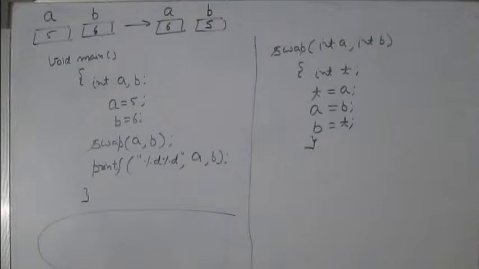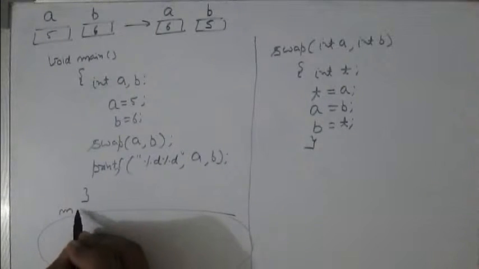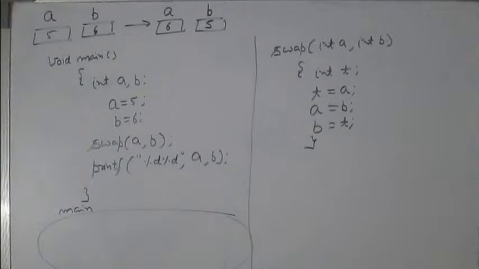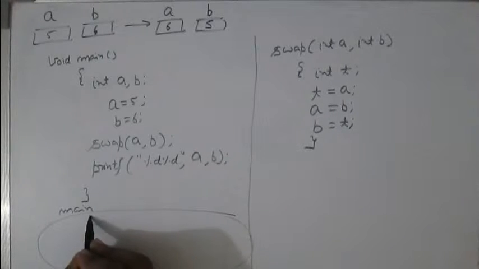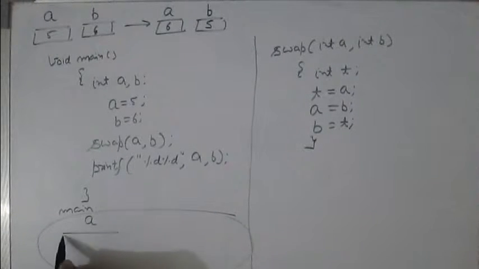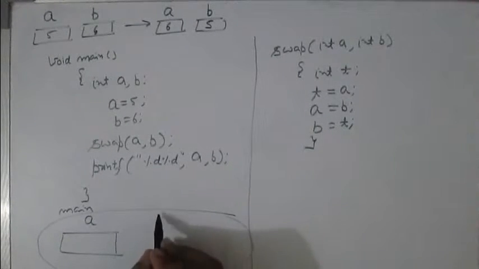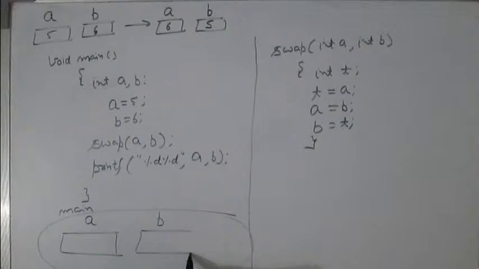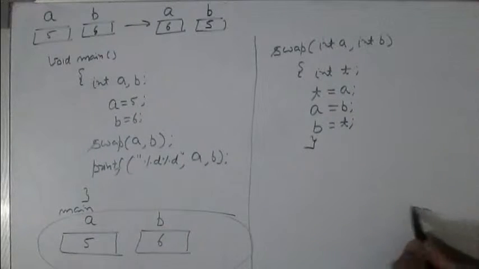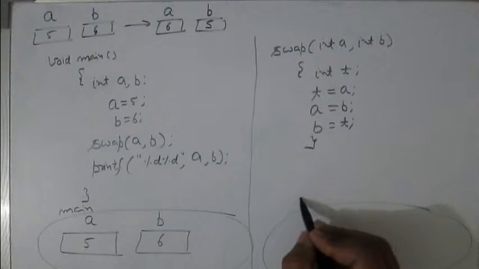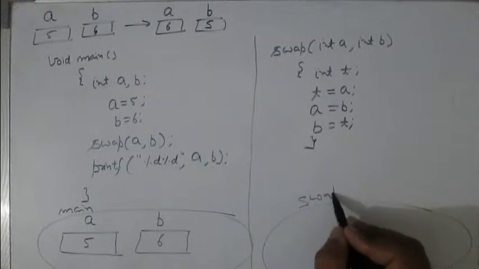Suppose this is the memory area in which the variables of the main function are declared. One memory location is A, another memory location is B, 5 is stored in A and 6 is stored in B. Similarly, this is the memory area for the swap function.